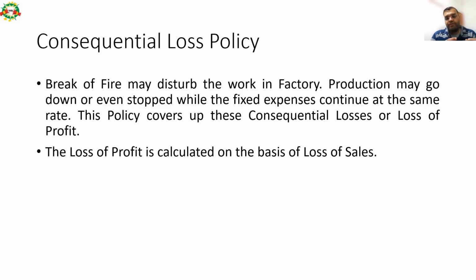Basically, if I have taken an insurance policy for a factory or my machinery, and some unfortunate event happens to the factory or machinery, then I will not be able to start production of goods in my factory, and it may cause loss of revenue and subsequent loss of profit to me because of non-operation of my factory. So to cover up that loss, I may like to purchase a consequential loss policy. The loss of profit is calculated on the basis of loss of sale.